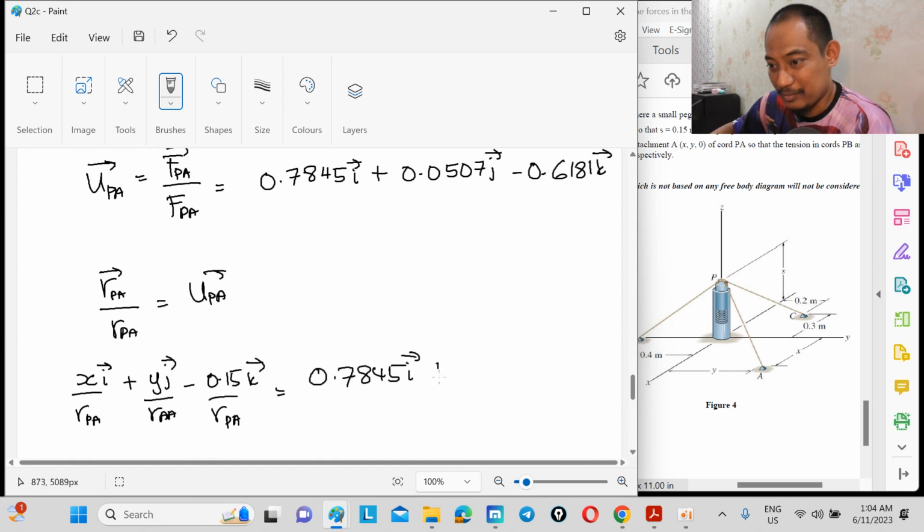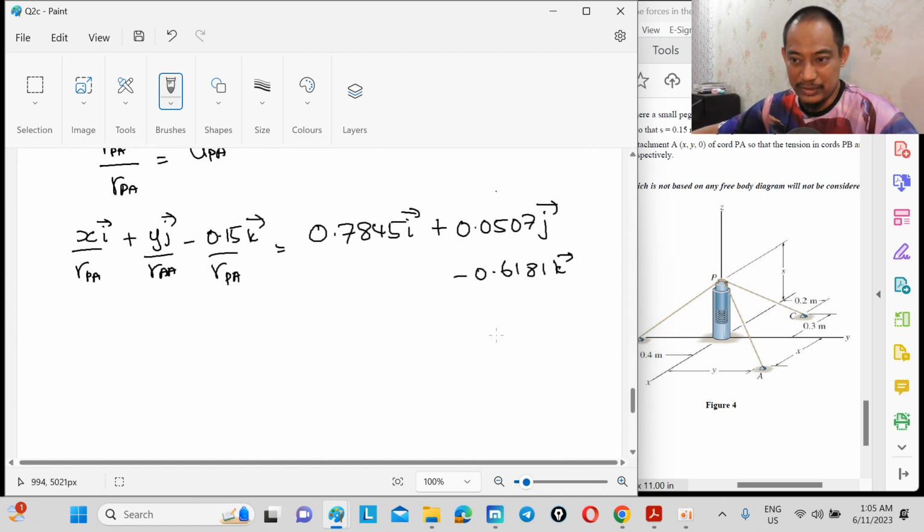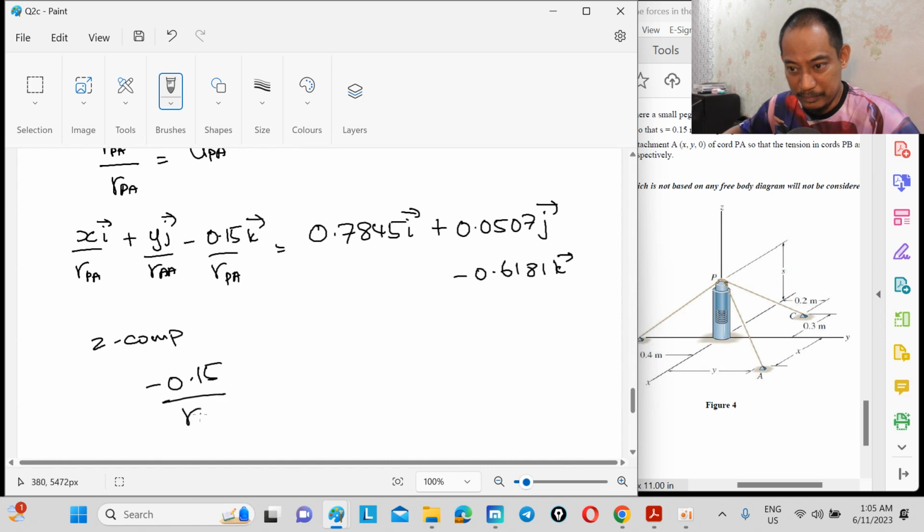0.7845i plus 0.0507j minus 0.6181k. Right, so what can we resolve here? This is interesting. The only thing that we have all the numbers for is the z component. So you have minus 0.15 divided by RPA equal to minus 0.6181.